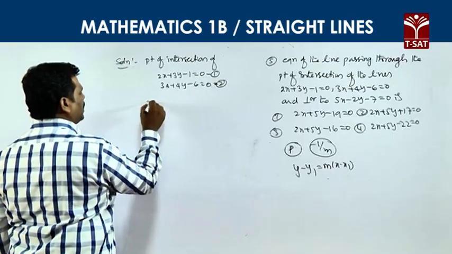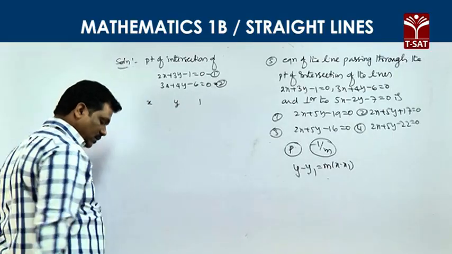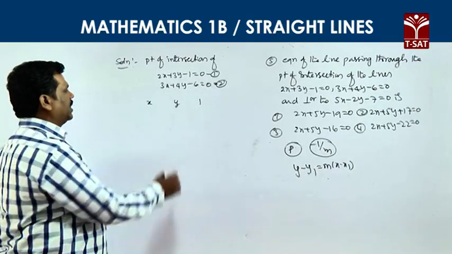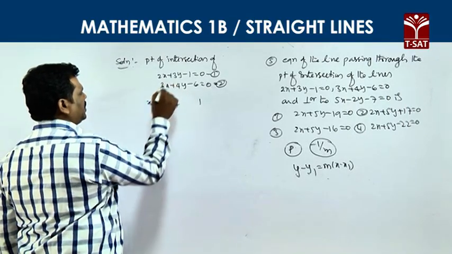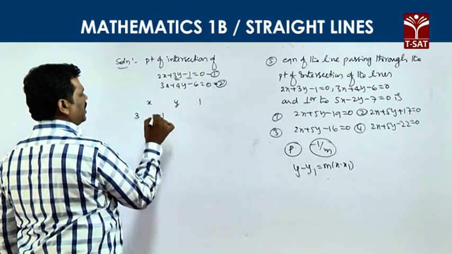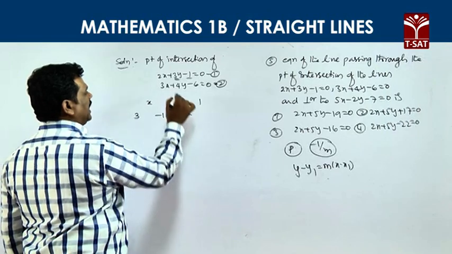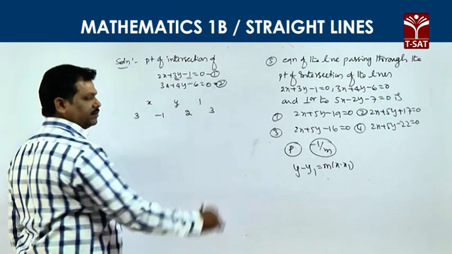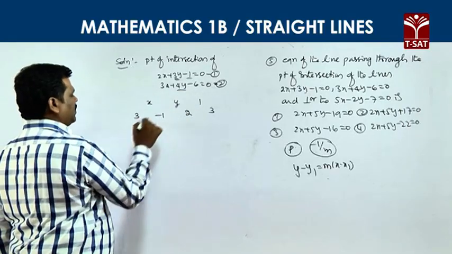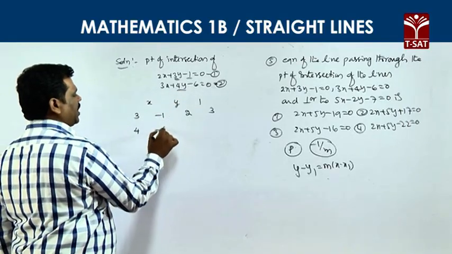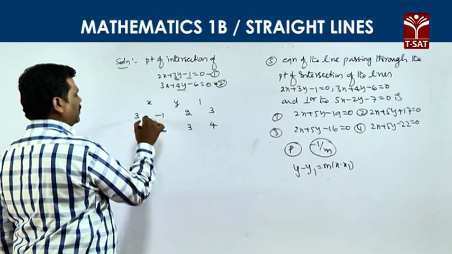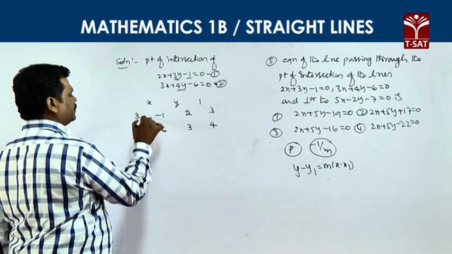For the point of intersection we use the cross multiplication method, x, y, 1. For the first line, y coefficient 3, constant coefficient minus 1, x coefficient 2, again y coefficient 3. And for the second line, y coefficient is 4, constant term is minus 6, x coefficient is 3, again y coefficient is 4.